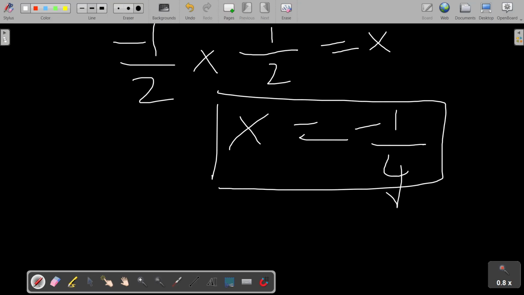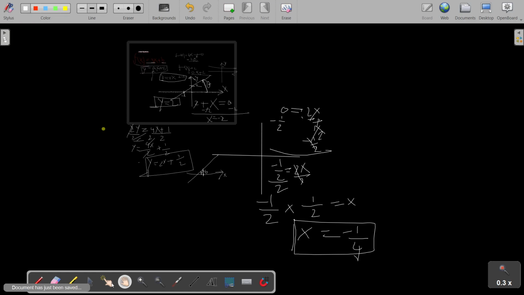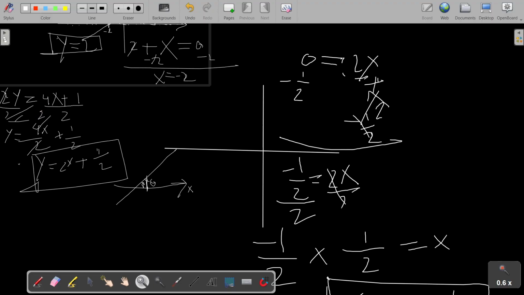So this is the value of x. When the y coordinate is 0, on the x-axis, we get x is equal to minus 1 over 4.